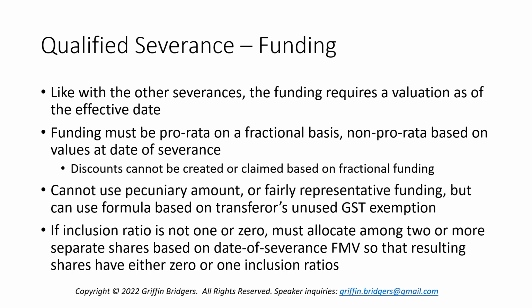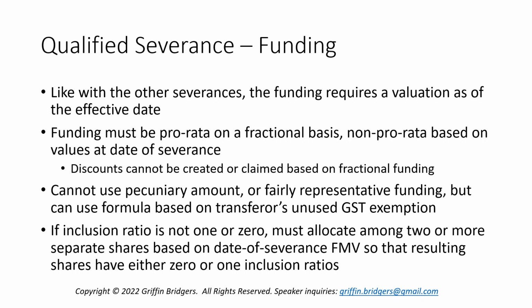From a funding and valuation perspective, we have to take a value as of the effective date. So we have to use funding, again, on a fractional basis, or non-pro rata based on the values on the date of severance and not based on the last valuation date. Now, ironically, in this, you're creating separate shares, and when you're taking the value as a whole, what you're going to create are fractional shares that could generate a discount based on lack of control or lack of marketability or both.